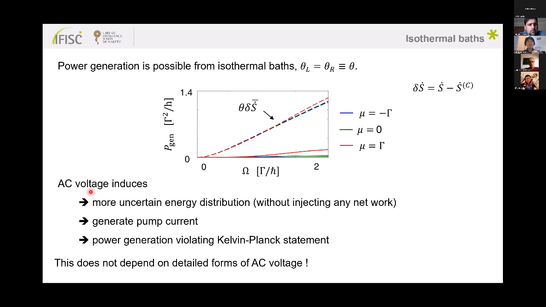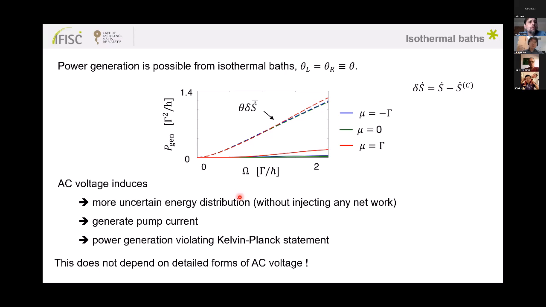This kind of raises the effective temperature, if you wish, and then it induces enhancement in the thermoelectric current. This can be useful for power generation, violating the Kelvin-Planck statement of the second law. And in this case, the power generation is allowed up to some bound, which is determined by how much the Clausius relation is deviated, rather than the Carnot limit.